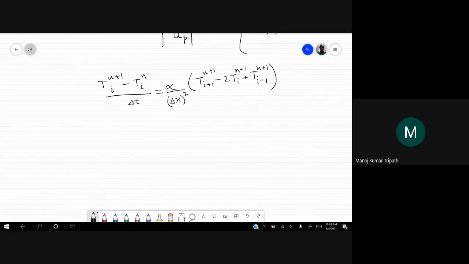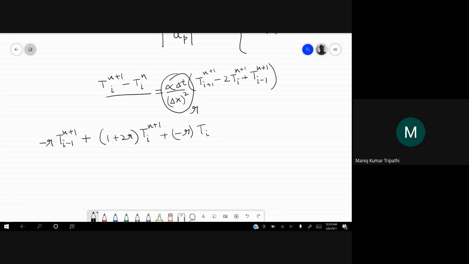Let us take delta T to the right hand side and call this whole thing as some R. So what is the coefficient of Ti n plus 1 if we take everything to the left hand side? This is 1 plus 2R. What is the coefficient of Ti minus 1 n plus 1? It is minus R. And the coefficient of Ti plus 1 n plus 1 is also minus R. And on the right hand side you have Ti n.